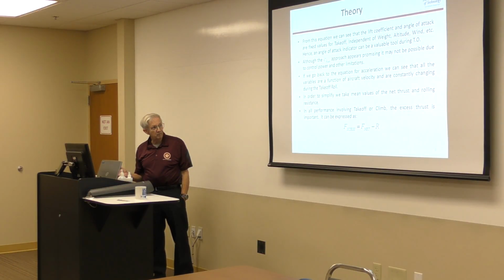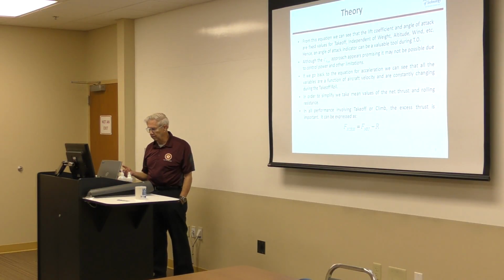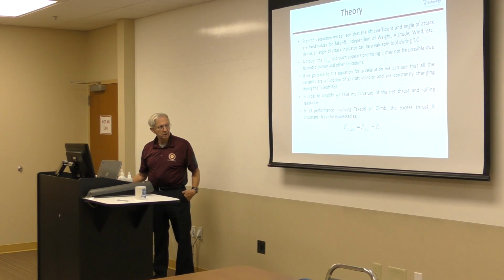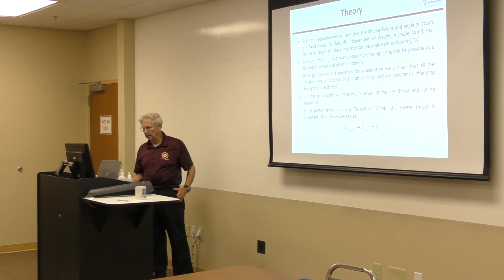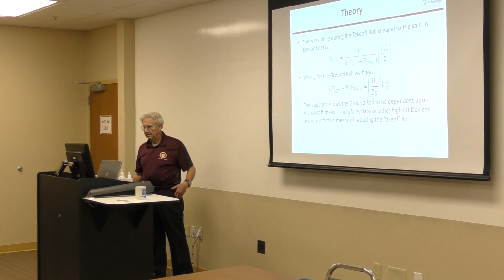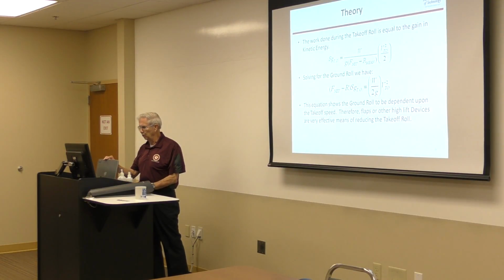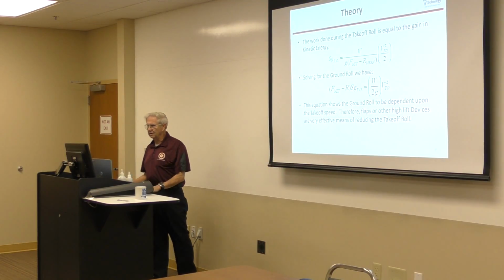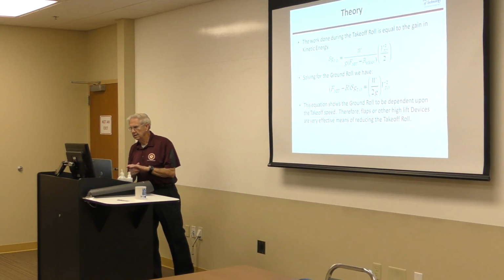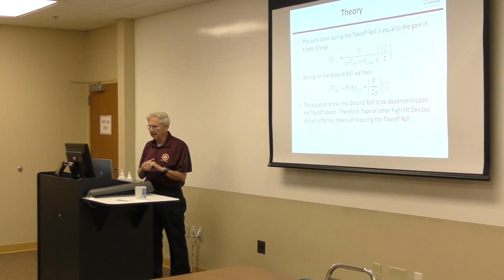So in all our performance involving takeoff or climb, excess thrust is important, and we can express it as shown in that last equation. And if we look at this from a work done standpoint, essentially the work done during the takeoff roll is equal to the gain in kinetic energy.